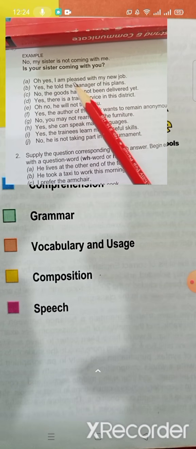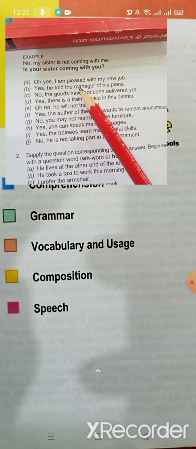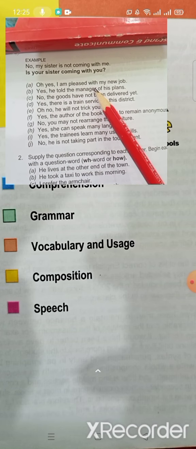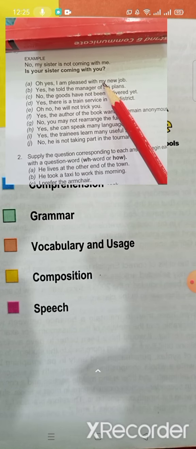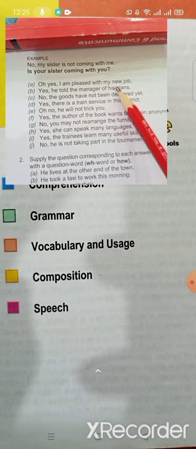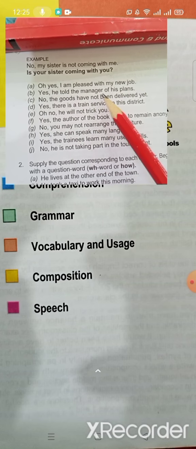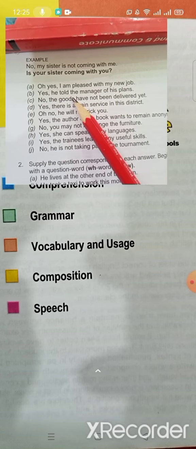Oh yes, I am pleased with my new job. What will be the question? Are you pleased with your new job? So the answer will be: yes, I am pleased with my new job. Next: yes, he told the manager of his plans. What will be the question?